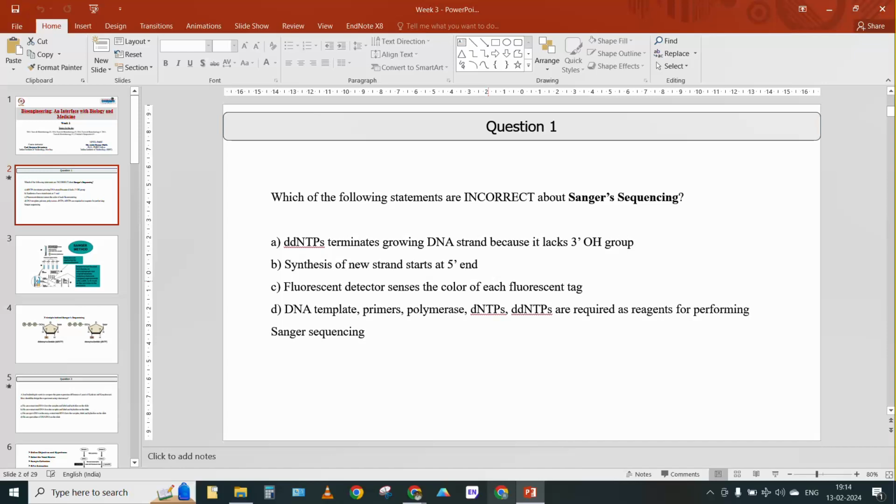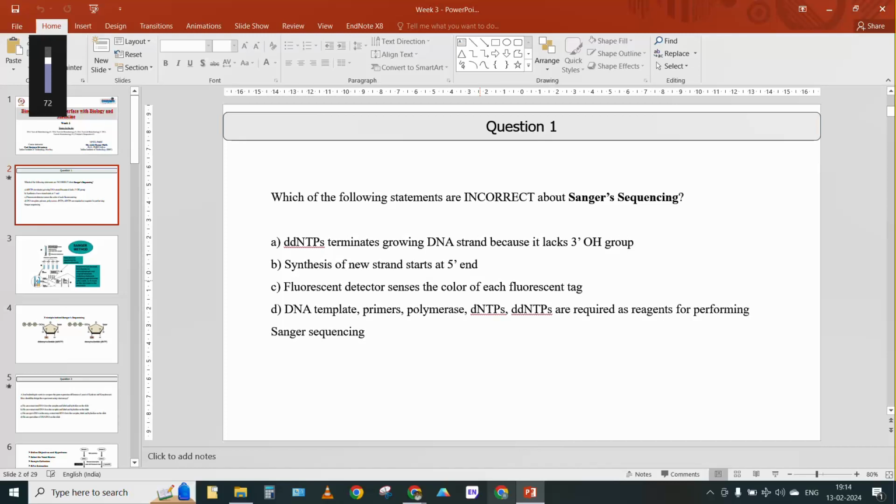So, anyone would like to answer this question? Anyone? Anyone know what Sanger sequencing is? Sir, in Sanger sequencing, the DNA is cut by using the chain termination method.